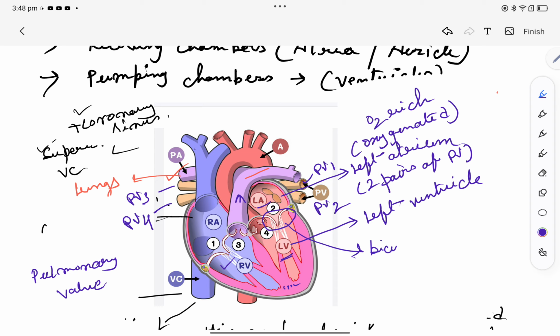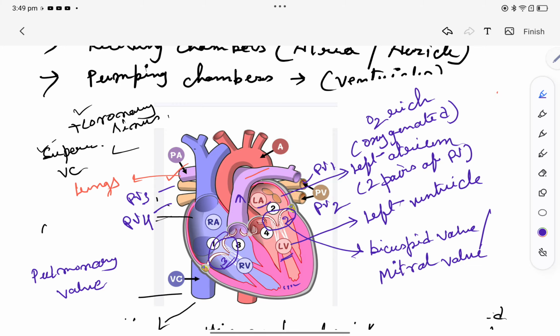Why? Because two cusps or two fold-like structures are present. In this case there are three cusps, and in this case there are two cusps. So this is called the bicuspid valve, also called the mitral valve. Same thing, two names: bicuspid valve and mitral valve.